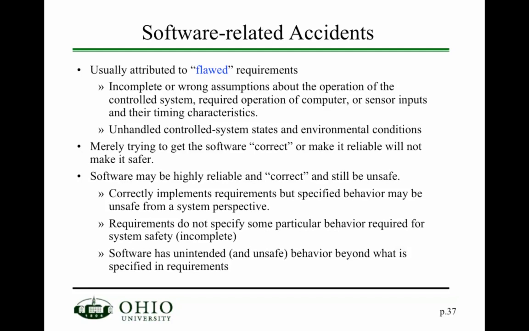So in other words, the software requirements were already wrong. That means that the people doing the programming, making the code based on these requirements, the code's never going to be any better. So even though the software may be highly reliable, if it's still based on erroneous requirements, dangerous situations and accidents may occur.